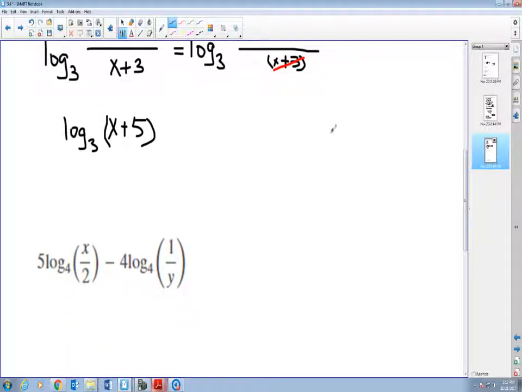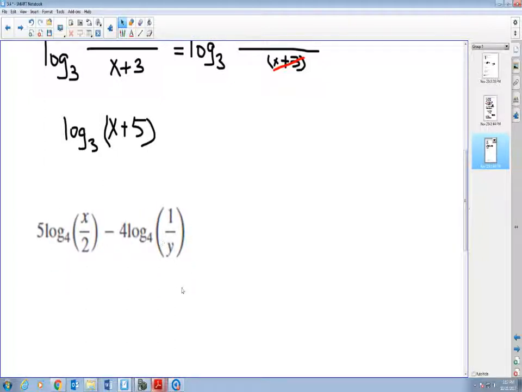This one is a bit tricky. First things first, I got numbers in front of my log terms, so those go back on the exponents. Keep that in mind. The subtraction sign here is telling me dividing.